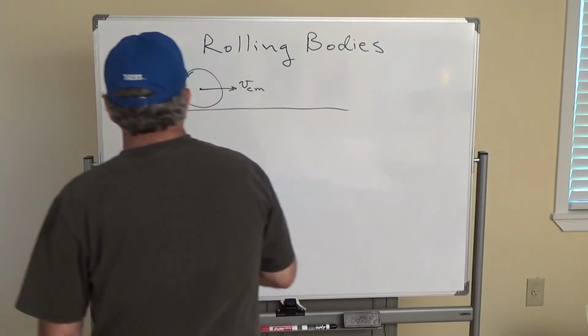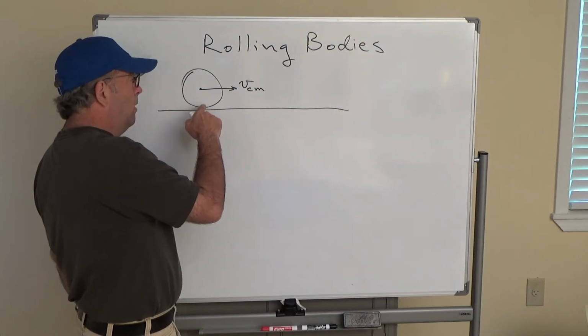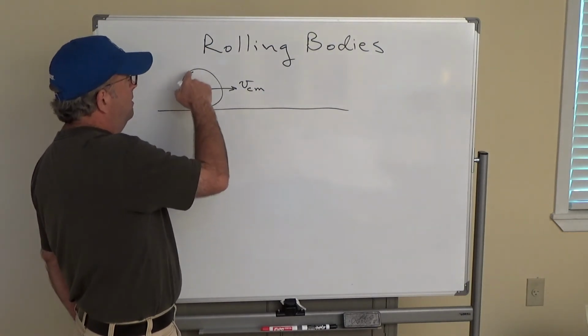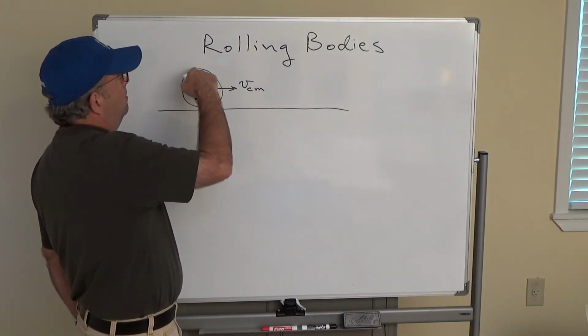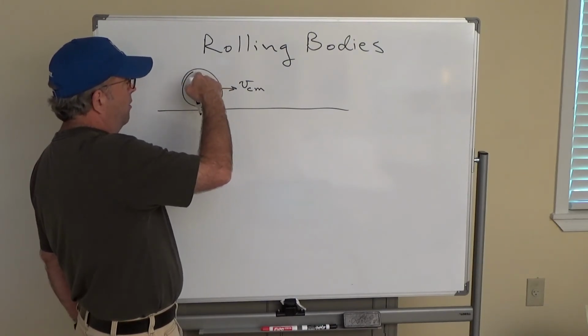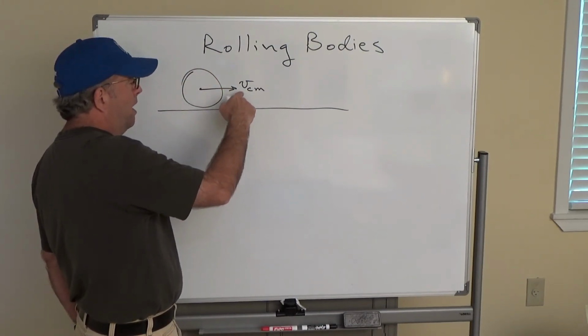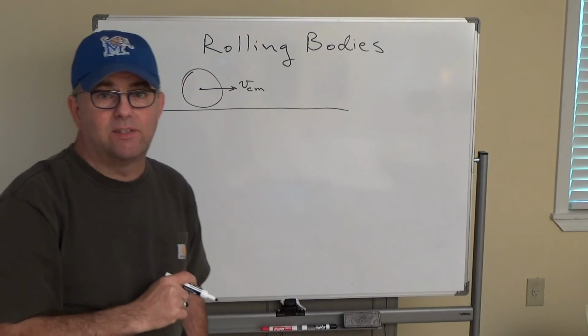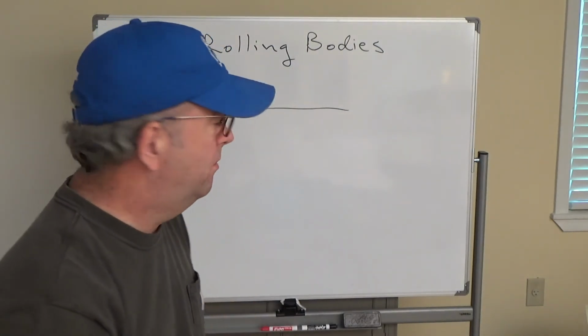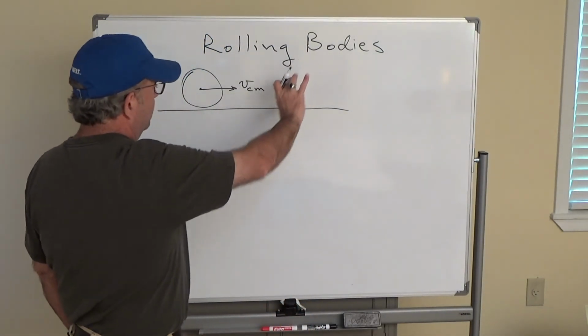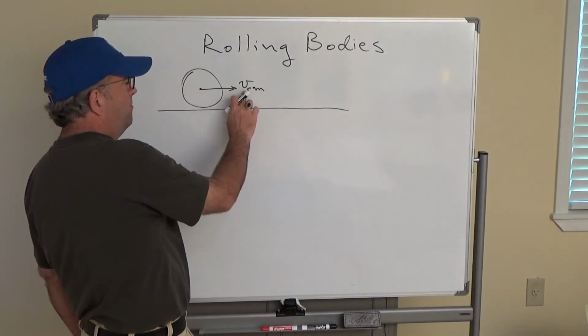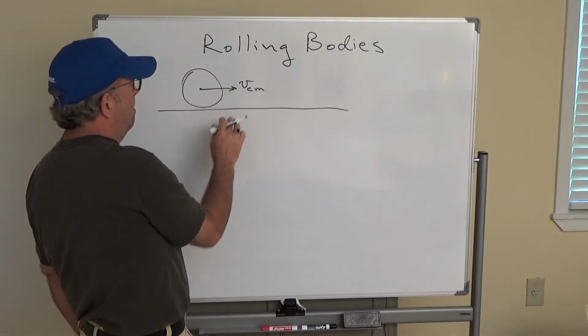Okay? But it's rolling and these areas on the wheel, the other parts of the wheel, are not traveling at V center of mass because of the rolling. Okay, if it were sliding, all the particles would be traveling at this velocity.